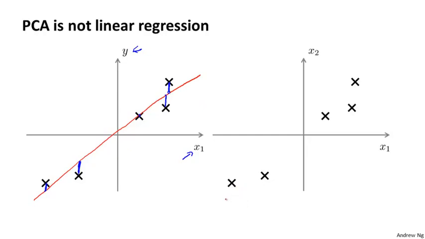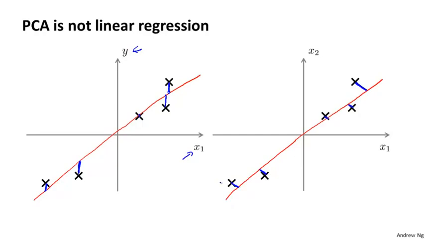Whereas in contrast, PCA tries to minimize the magnitude of these blue lines, which are drawn at an angle. These are really the shortest orthogonal distances, the shortest distance between the point x and this red line. And this gives very different effects depending on the data set.